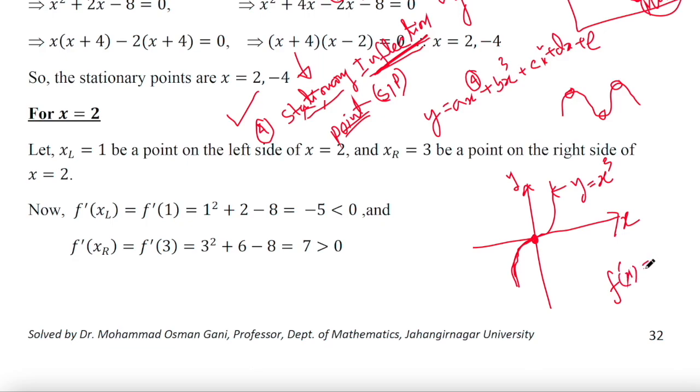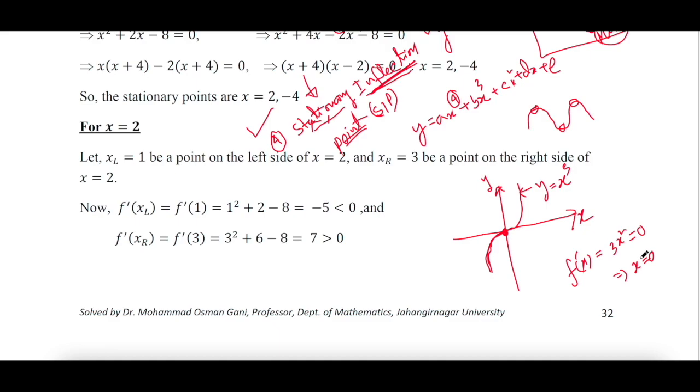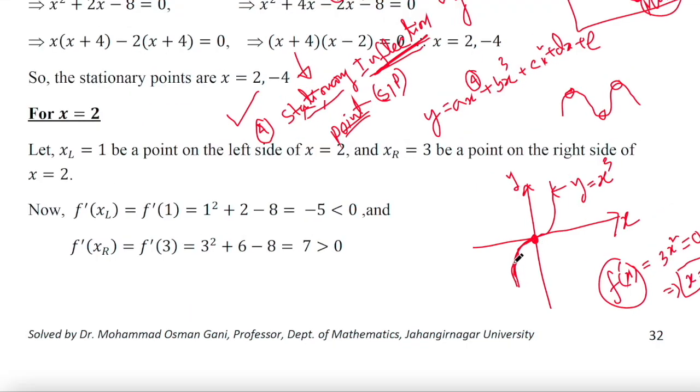First derivative equal 3x square, which is equal 0, gives us x equal to 0. So x equal to 0 is a point where first derivative equal to 0. And here the curve changes concavity. You see this part concave down and this part concave up. So this point is known as SIP, stationary inflection point.